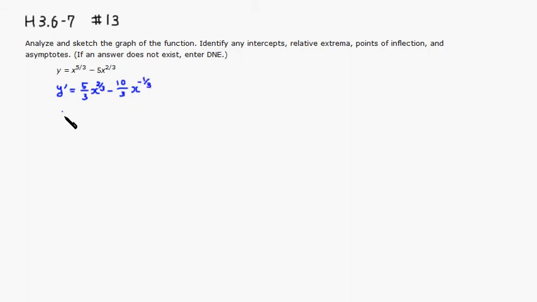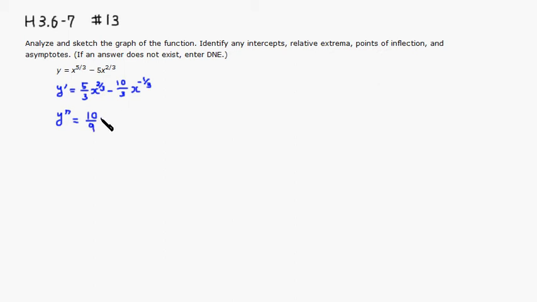Right? Then another derivative. So y double prime is equal to, let's say put 2/3 in front, so 2 times 5 is 10, and 3 times 3 is 9.